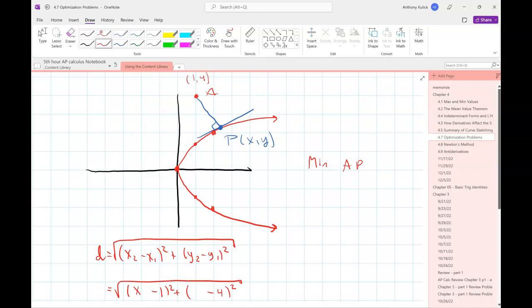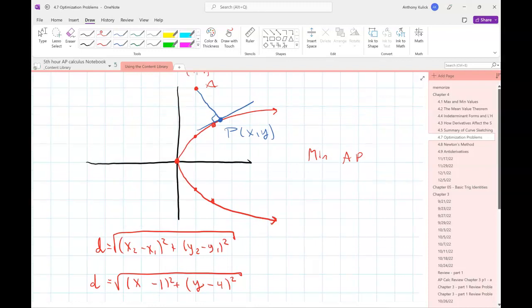And then point P is going to be xy. What's our issue here? Two variables. Okay. How do we eliminate one of them?